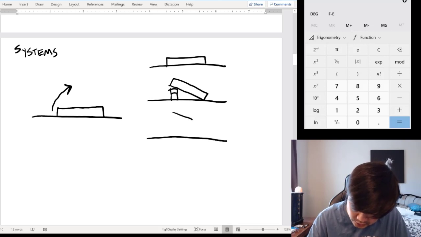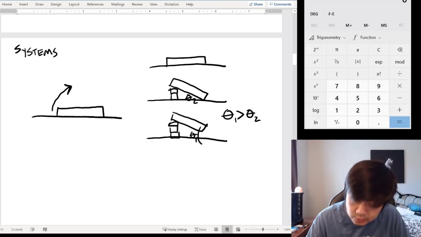And we're going to draw this one like this. And what we're going to say here is that this angle here, so let's call this angle 1, is greater than this angle here, which is 2. So angle 1 is greater than angle 2.